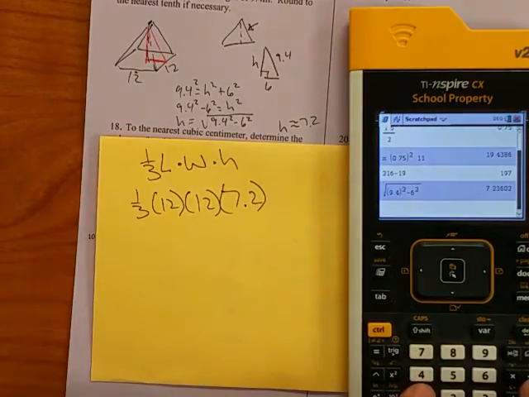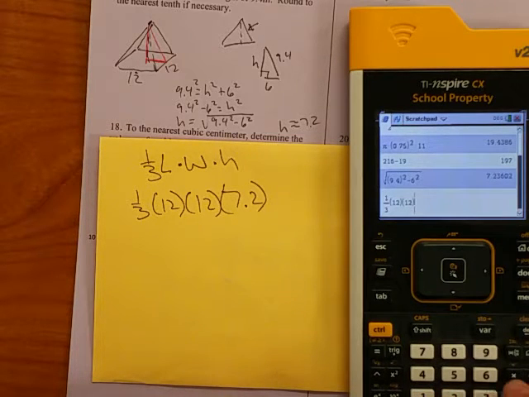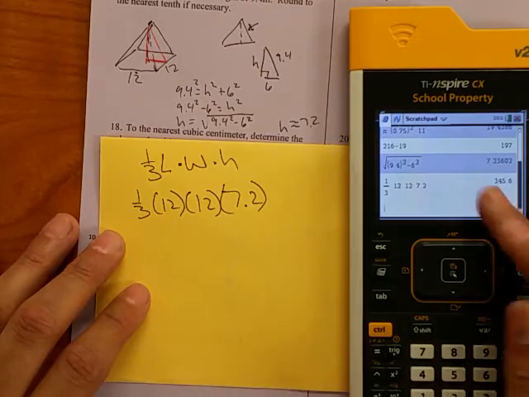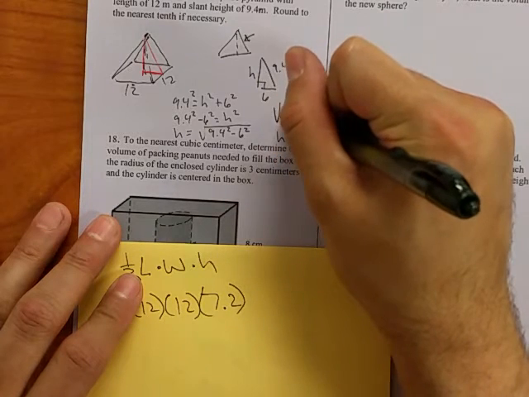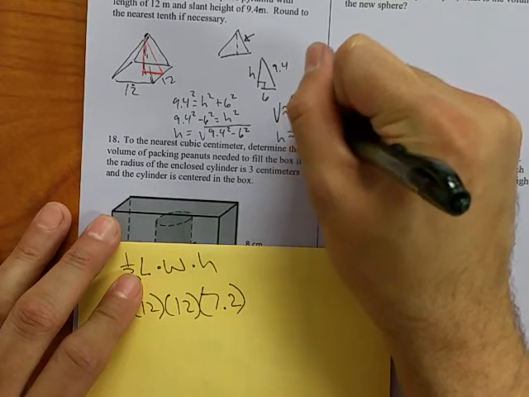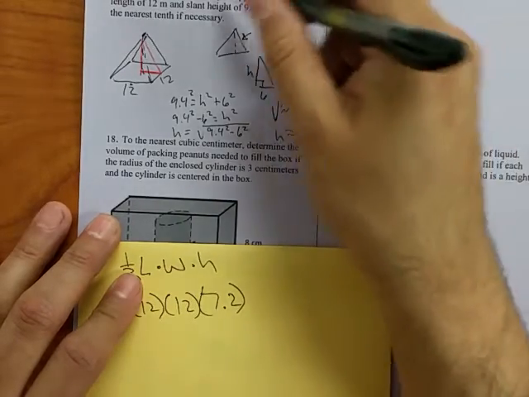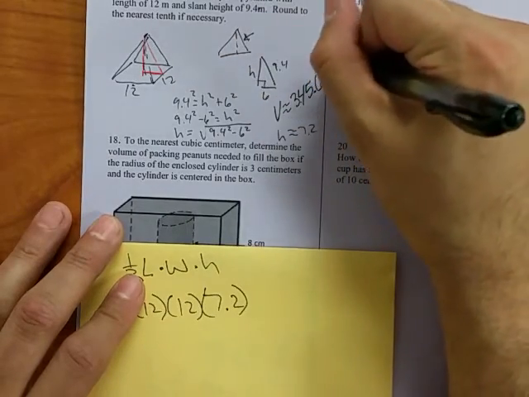So 1/3 times 12 times 12 times 7.2. So we're going to get 345.6. And what are my units? It says right here, meters. There it is, meters cubed.